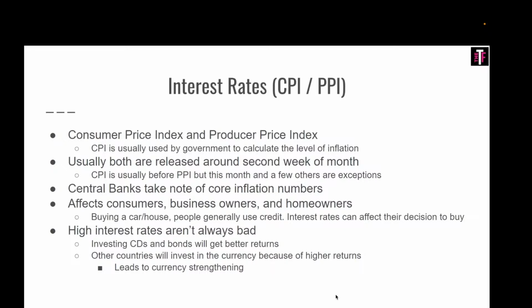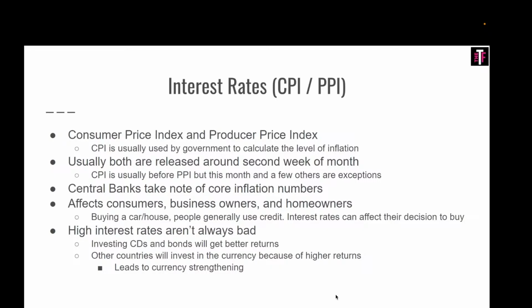Central banks take note of core inflation numbers, and it affects consumers, business owners, and homeowners. If the NFP is really high, that means there's a lot of spending in the economy, which can be great, but a lot of spending can cause high inflation.